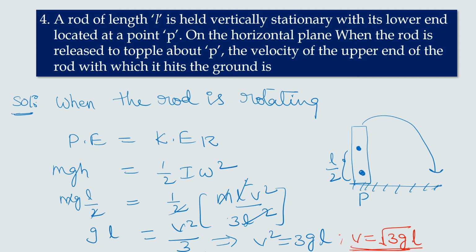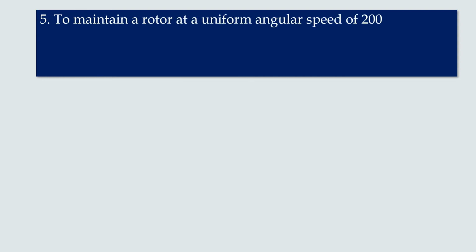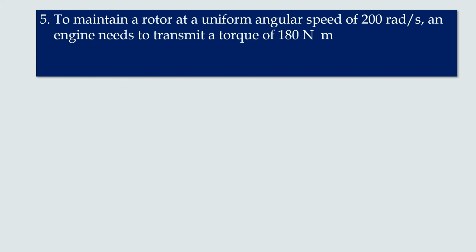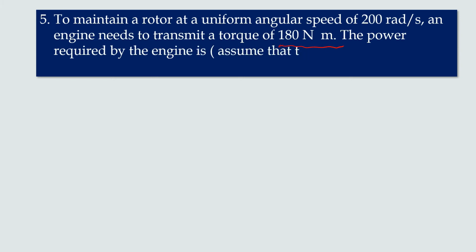Okay, next we will go to the next. In this question, to maintain a rotor at a uniform angular speed of 200 radians per second, an engine needs to transmit a torque of 180 Newton meter. The power required by the engine is, assume that the engine is 100% efficient. Now let us go to the solution.